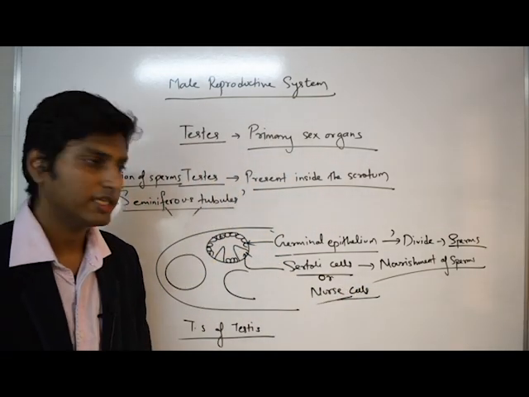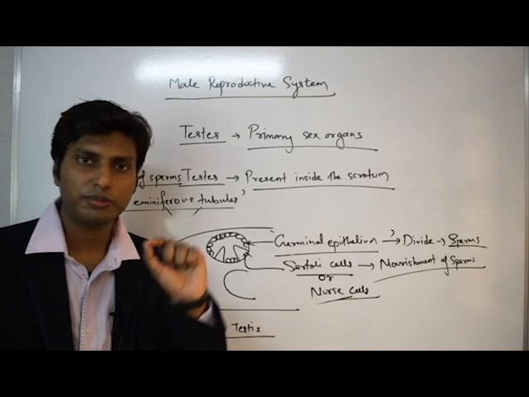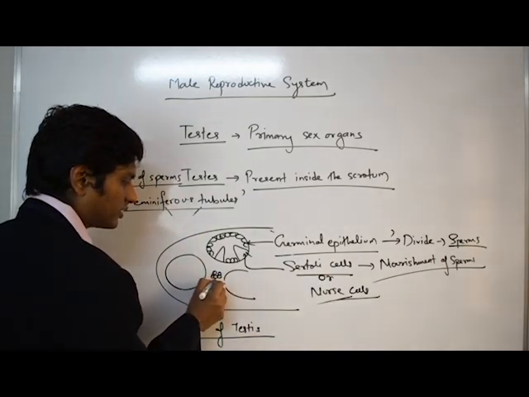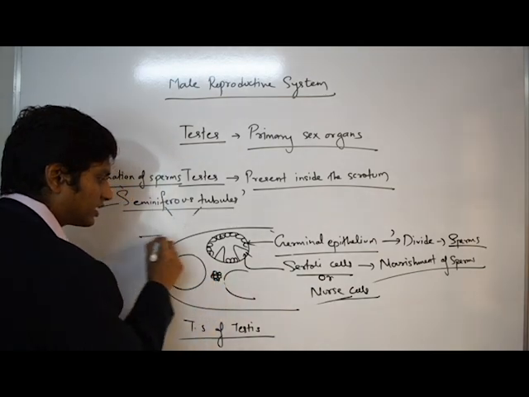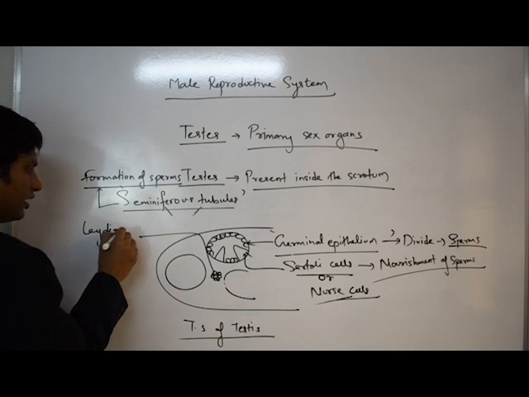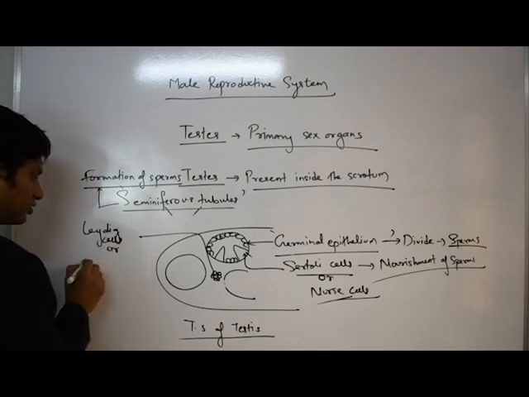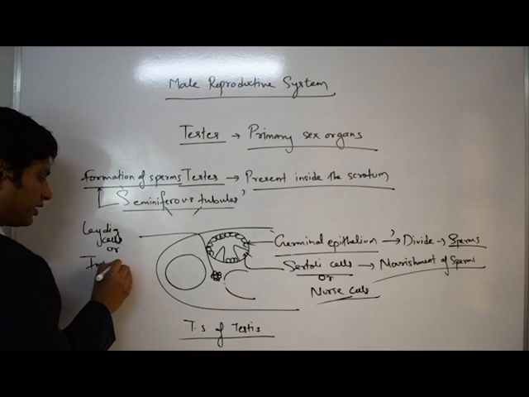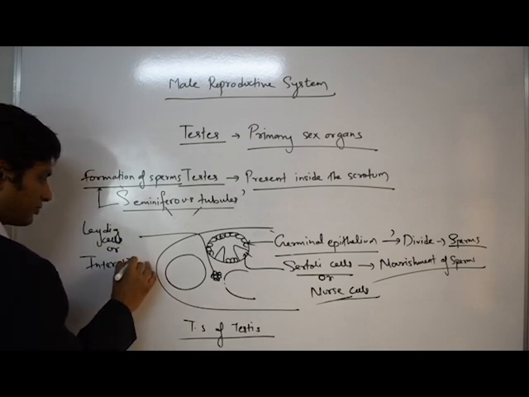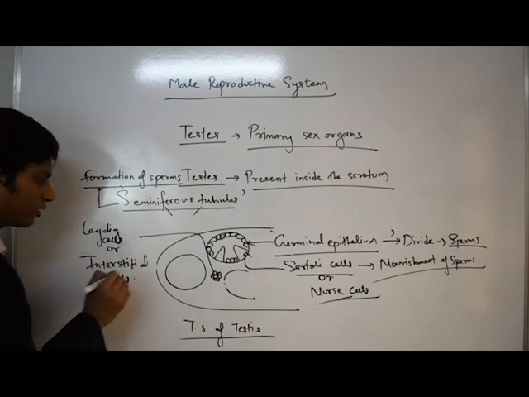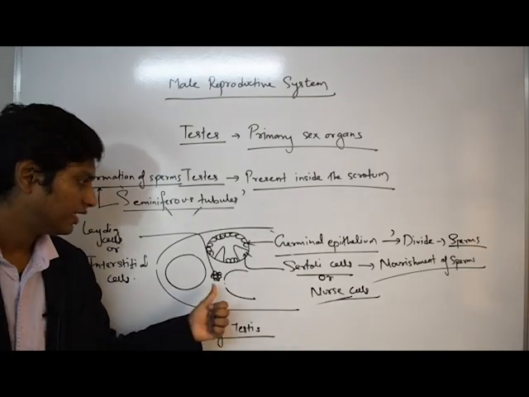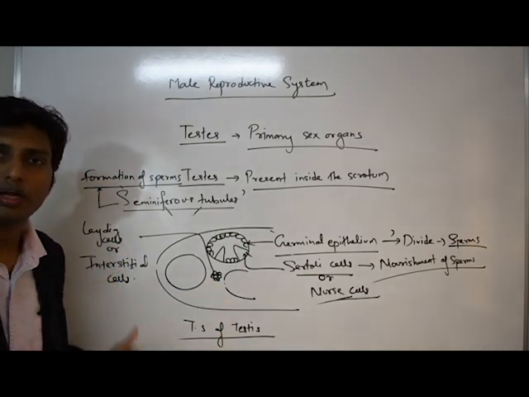Now another important thing is, between these lobules there are some special clusters of cells. These clusters of cells are called Leydig cells, students, or another name for them is interstitial cells.